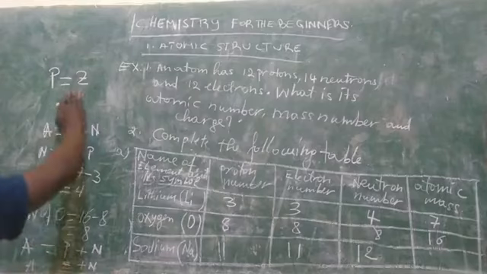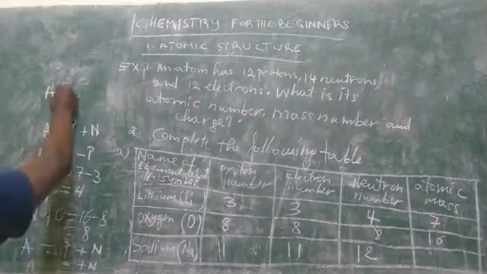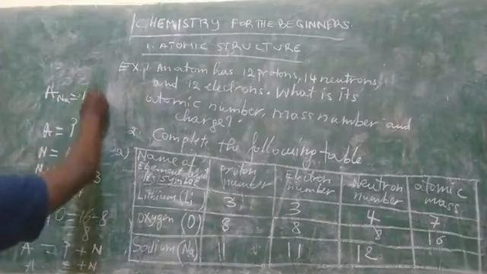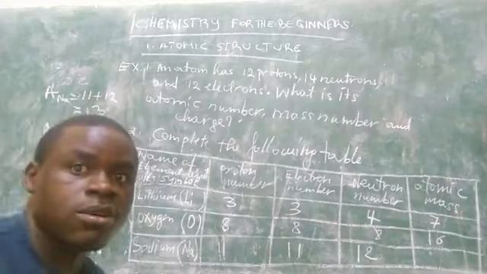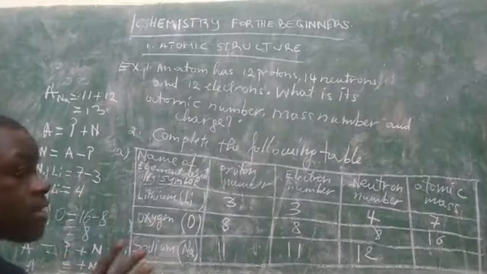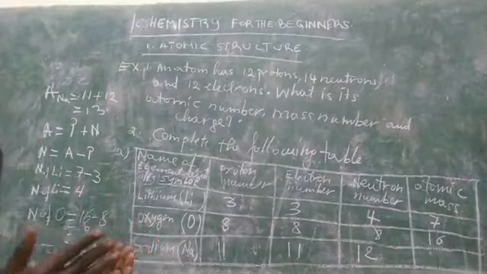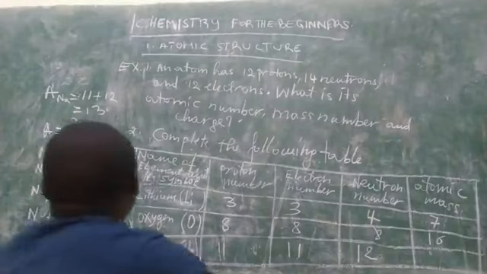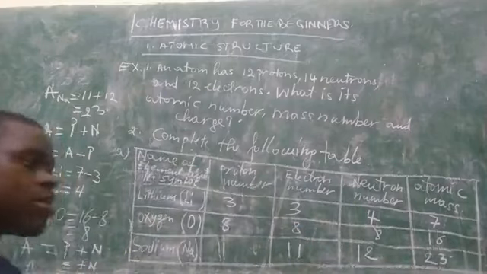So here the atomic mass of sodium is equal to 11 plus 12, which is equal to 23, not 13. It is 23.